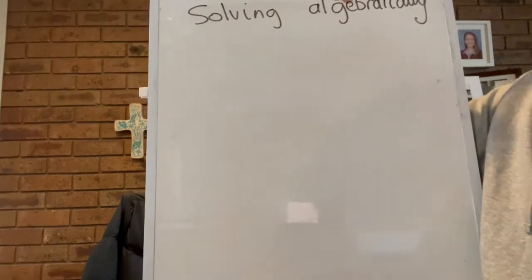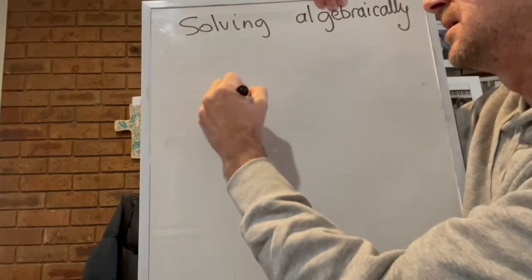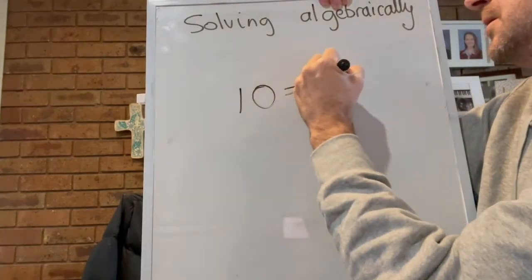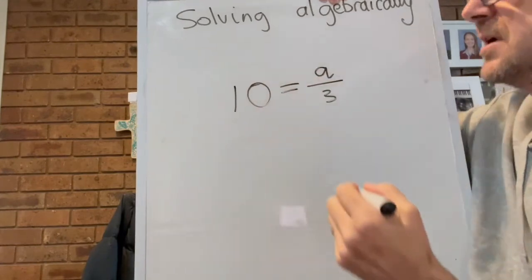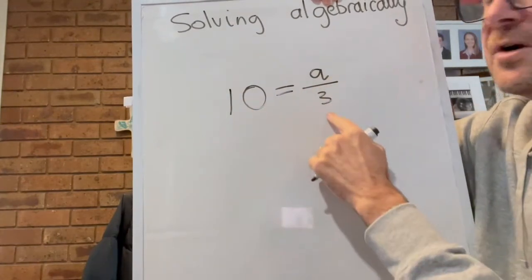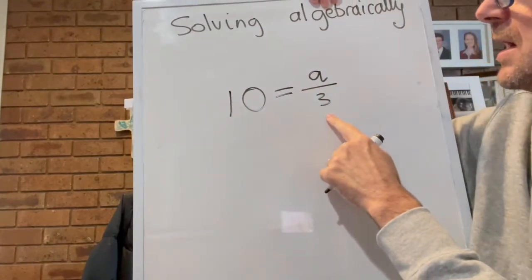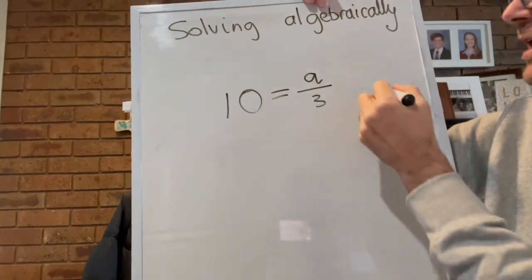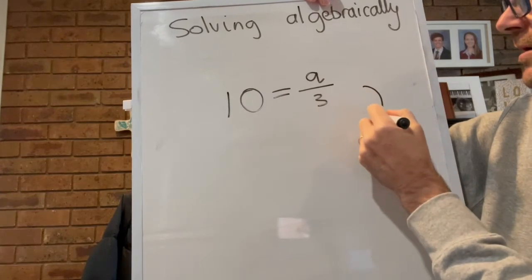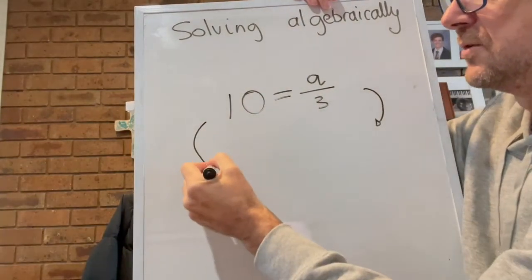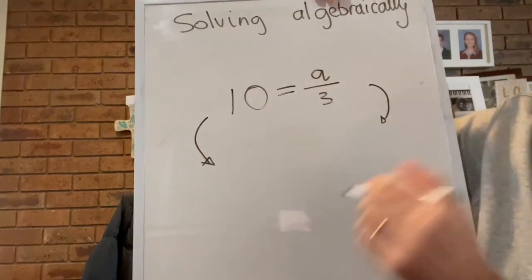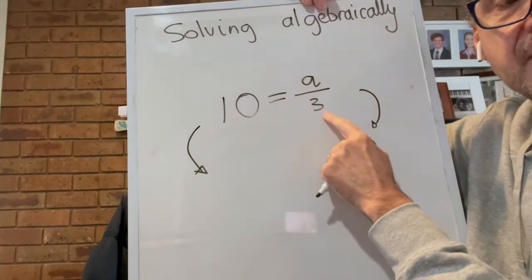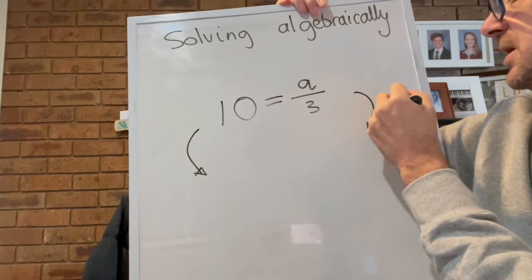And then finally, we have our 10 equals q over 3. So we want to do the same thing to both sides. We don't want to get rid of the q, we want to get rid of the 3. So to get rid of divide by 3, we want to multiply by 3.